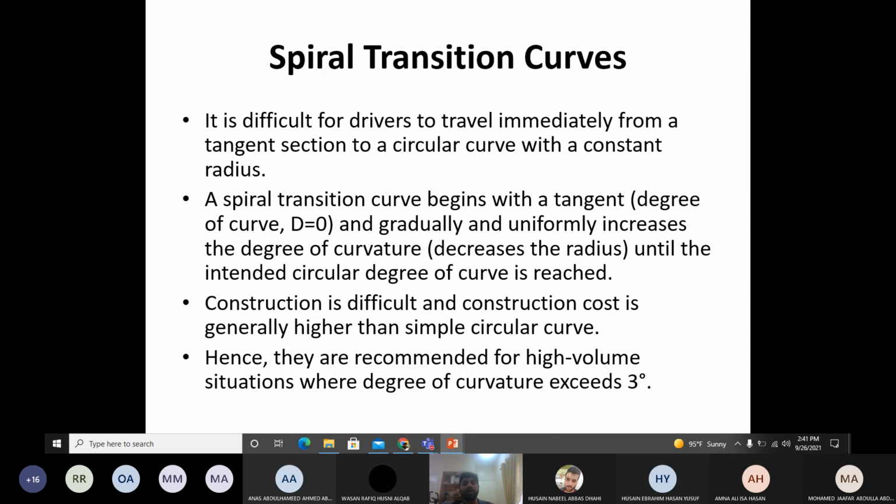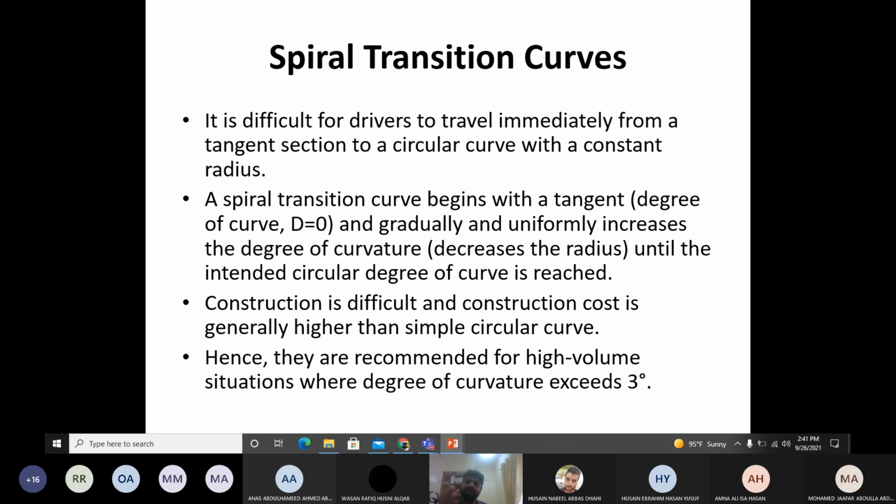When you enter the circular curve, you have additional forces acting on you, the centripetal and the centrifugal force. So the transition curve provides a gradual increase in these forces, and the change from tangent to circular curve becomes smoother and more comfortable for drivers.